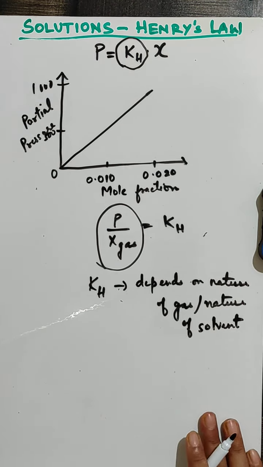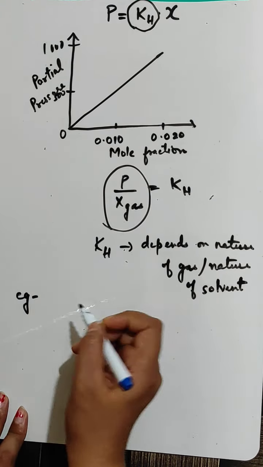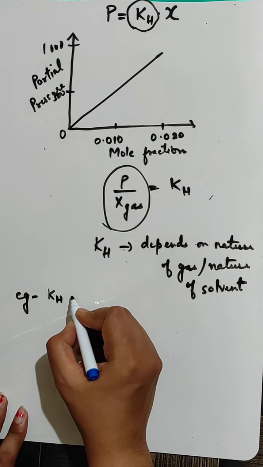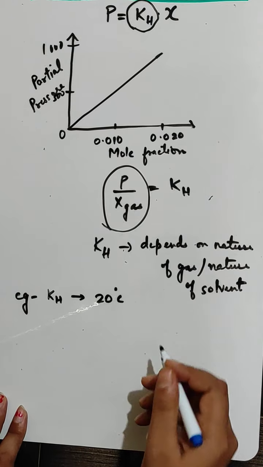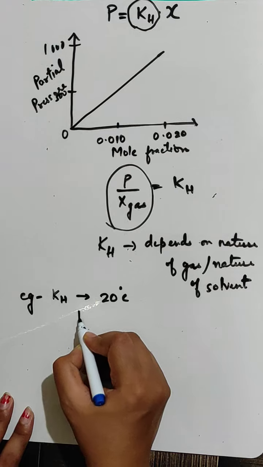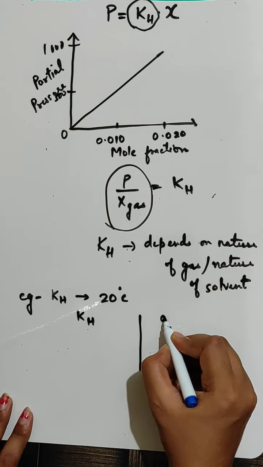Now, for example, let's see here. The KH for different gases in water at 20 degrees Celsius is given. So KH in kilobar we will take, and the gases.